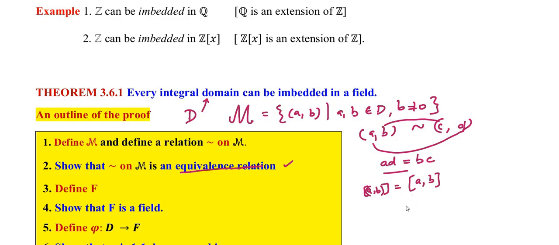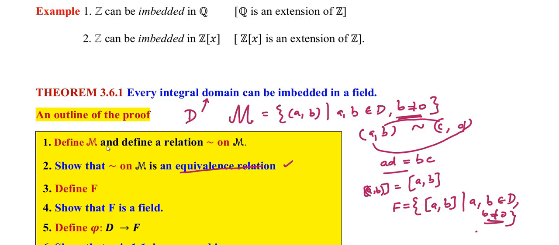You collect all the equivalence classes and call that collection F. So F is introduced in this way: a and b are members of D, and b is not equal to 0. You must mention that b is non-zero when you describe script M, and when you describe F also.